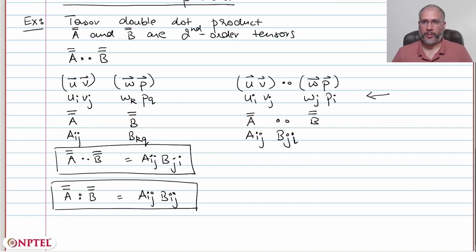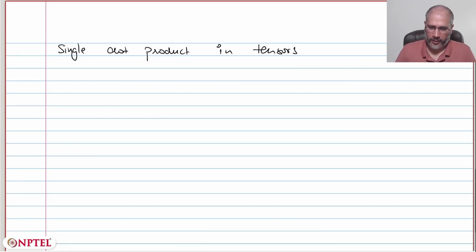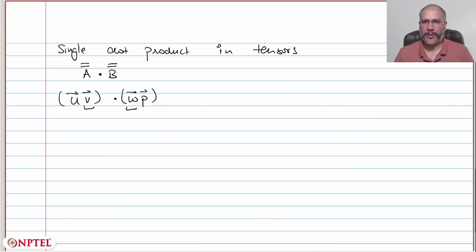We can also talk about the tensor single dot. If I say the tensor A single dot with the tensor B, this would be very analogous to what we had in dyads. So let's use the analogy. When we had UV dotted with WP, we notice that the adjacent vectors got dotted.